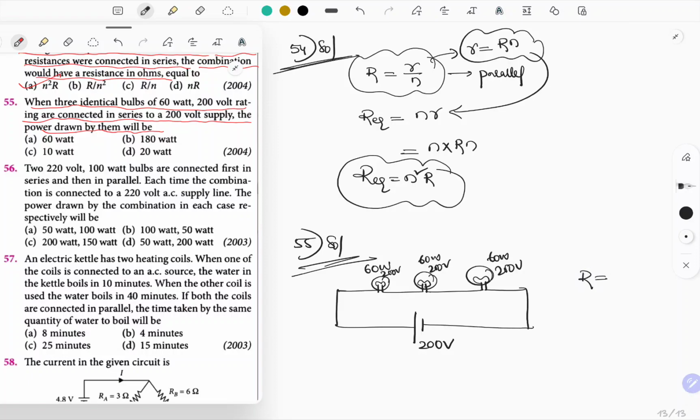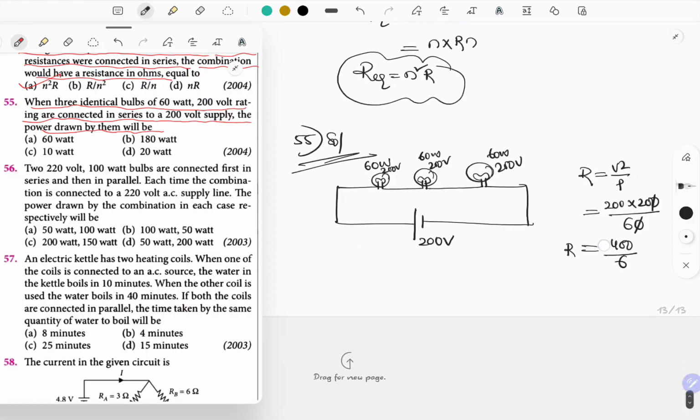R is equal to V square by P. V value is 200 into 200 divided by P. P value is power, that is equal to 60. So one 0 will get cancelled. You are going to get 400 divided by 6. This is the resistance of each bulb.